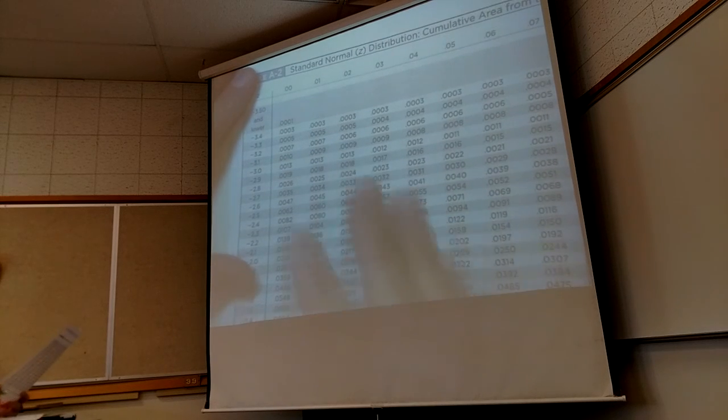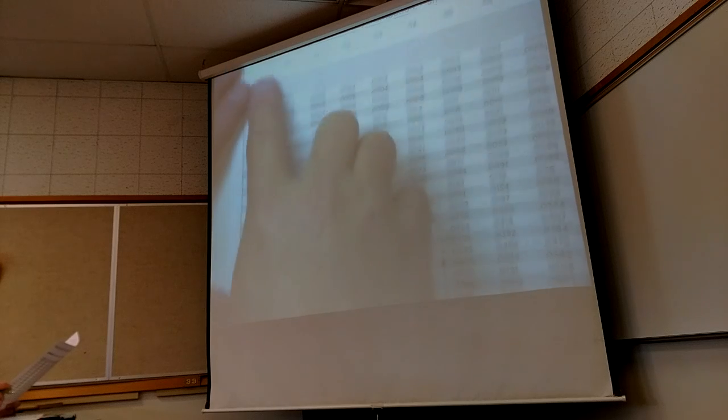So if I want to look up -1.21, I would go -1.2, then 1 right there. -1.21 is right there, for example. So don't go -1.21, this is 1.20.